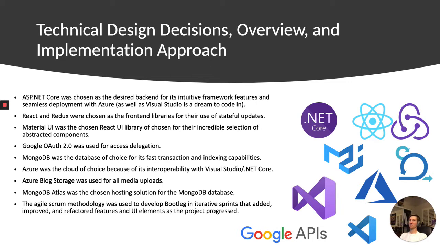It's changed so much. So it's been iterative sprints where I either added, improved, or refactored features and different UI elements as the project progressed. All over here, all the different logos of what I used. React's got a pretty sweet logo, little atom there.